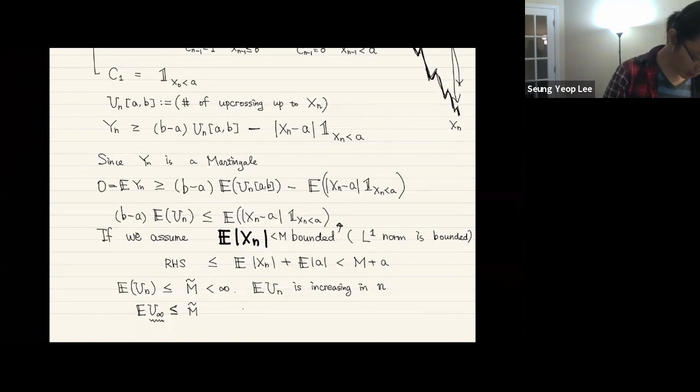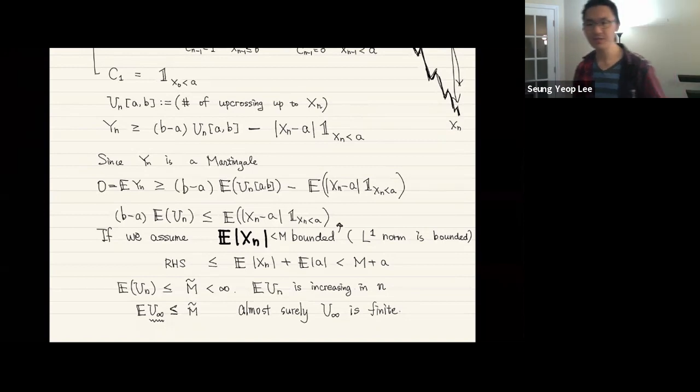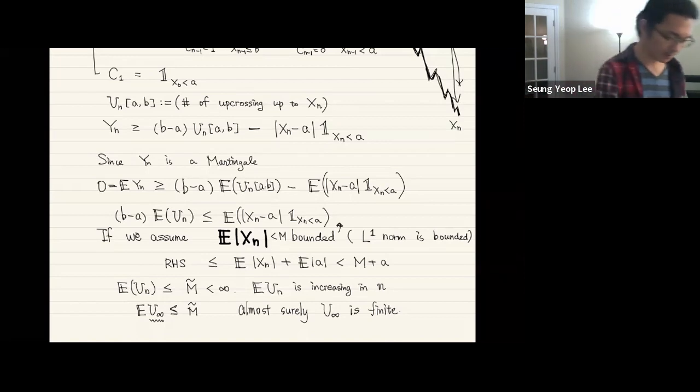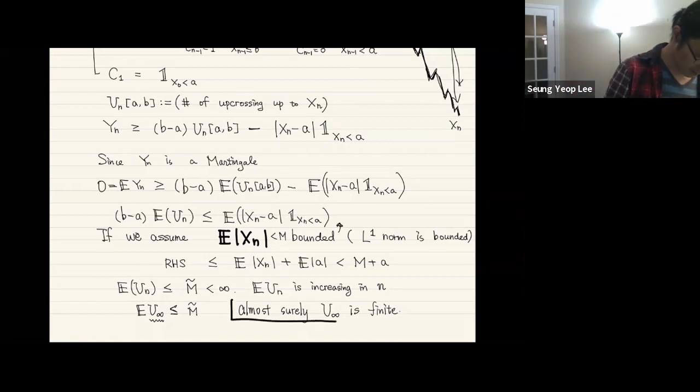So almost surely, if a function has a finite integral, then almost surely U infinity is finite. So what this means is that almost surely, whenever you have a martingale, this number of crossings is finite, even if you wait for infinite time. Okay, that's the partial conclusion.